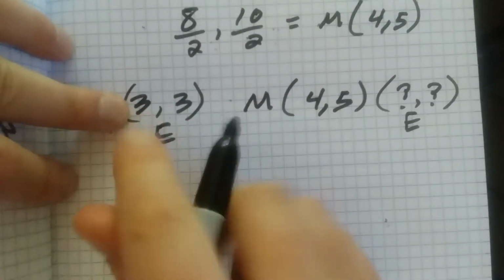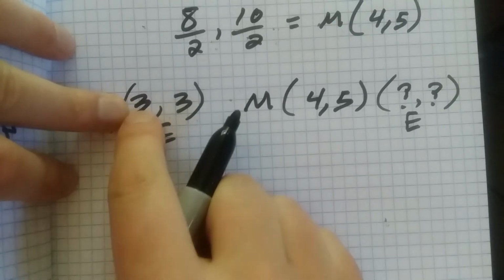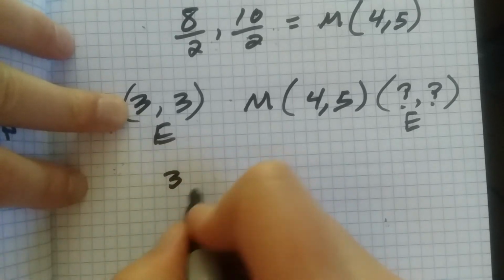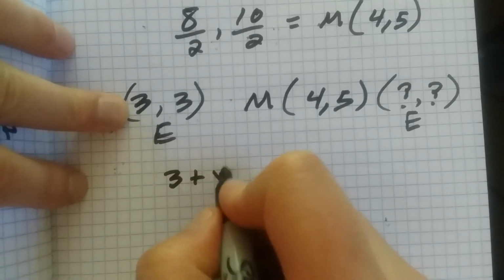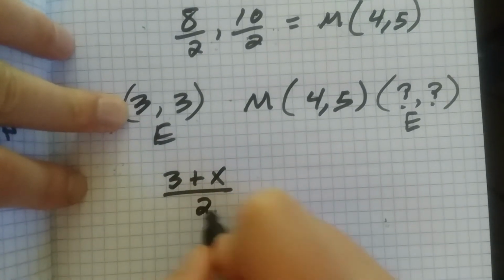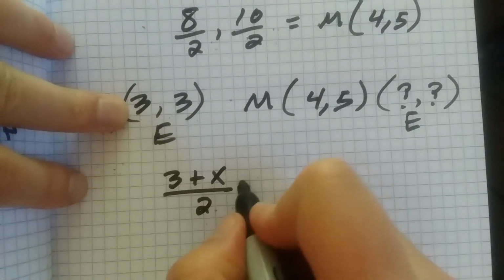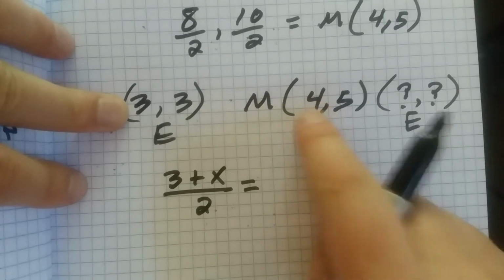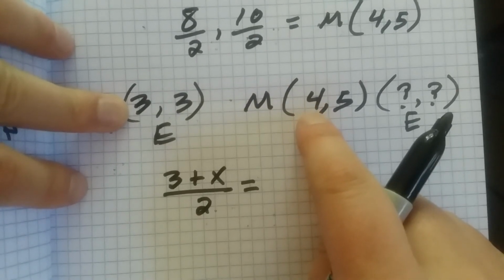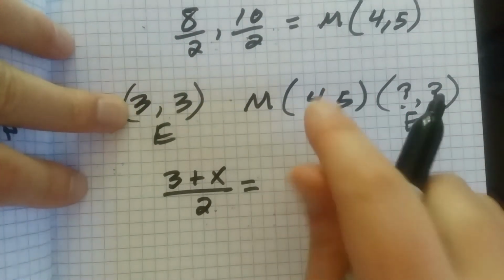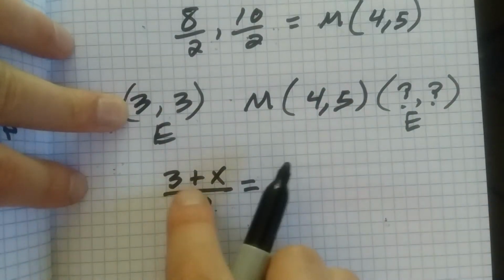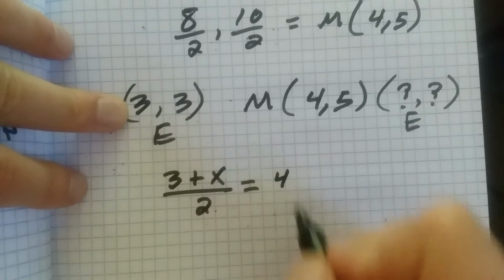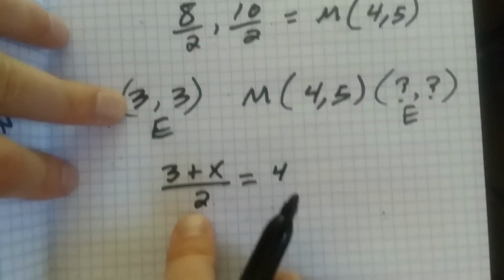We would typically want to say endpoint plus endpoint, unknown, divided by 2, should equal what? Should equal the x midpoint, because this would solve for our midpoint x. So what it has to equal is 4.